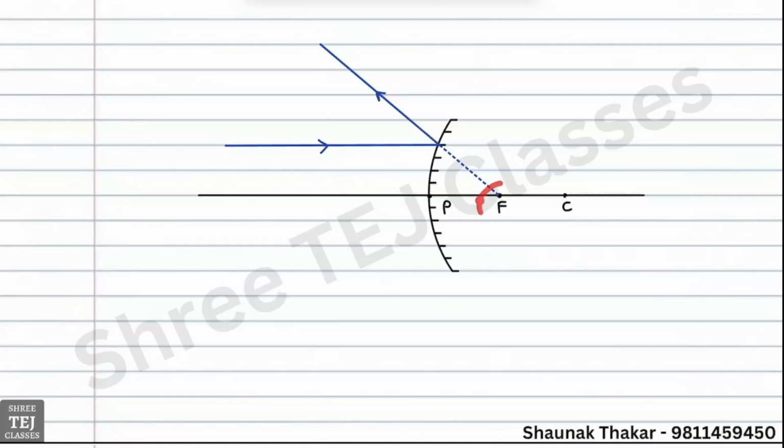It cannot pass through this point because this is behind the mirror. So this is rule 1. Rule 1 is incident ray parallel to the principal axis after reflection appears to have emerged from the focus. We denote it by showing dotted line behind the mirror.